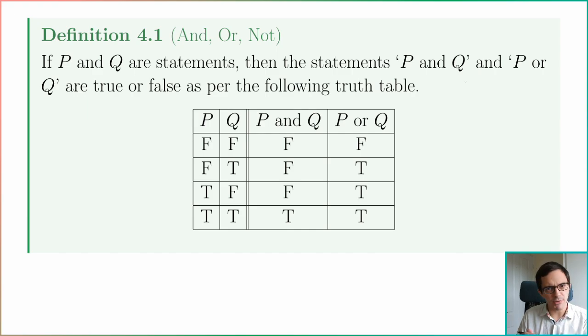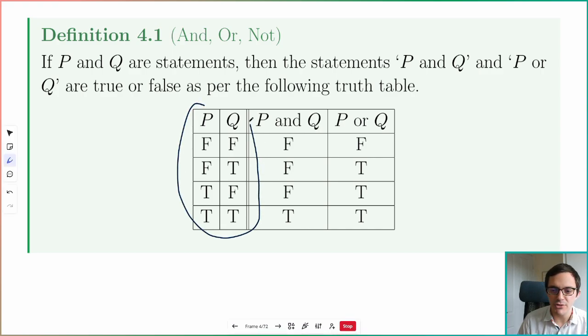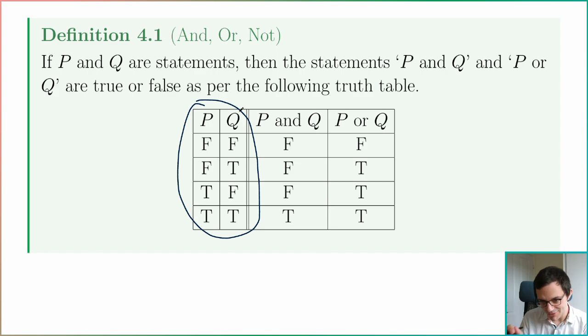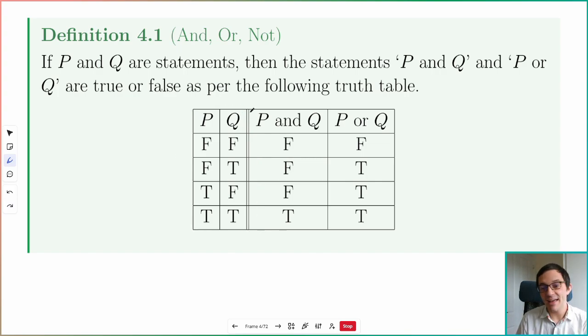I've tried to lay out all the cases in this table. It's a truth table like the ones we saw in a previous video. The idea here is that on the left, we have all of the possibilities for whether or not P and separately Q are true or false. I have 4 rows to go through all of the possibilities of different cases for whether or not P and Q are true or false. And then on the right, I have the output, whether or not these compound statements are true or false.